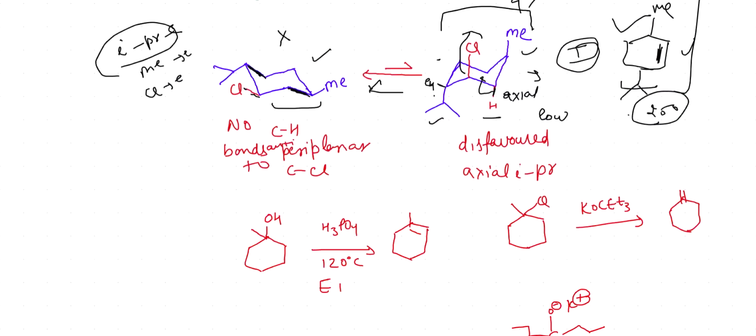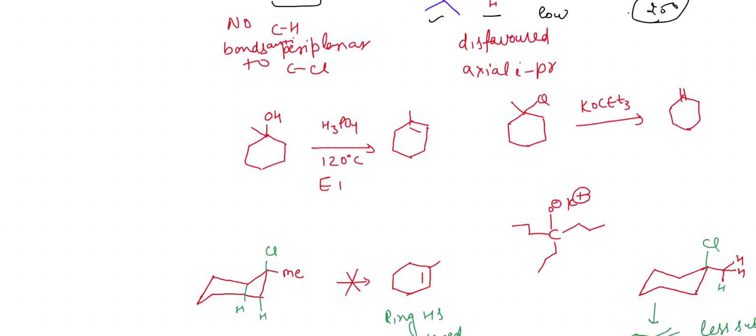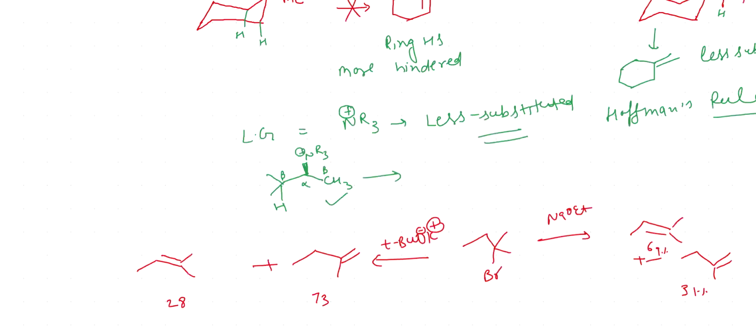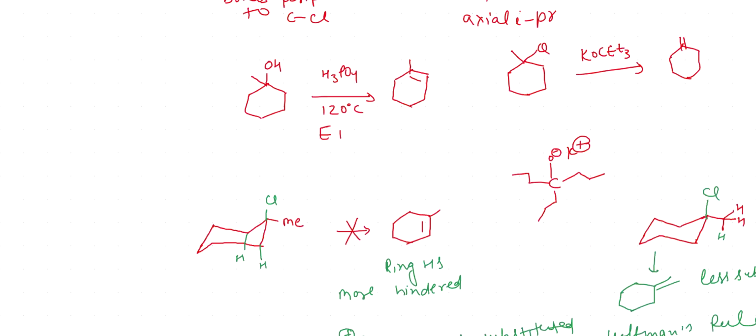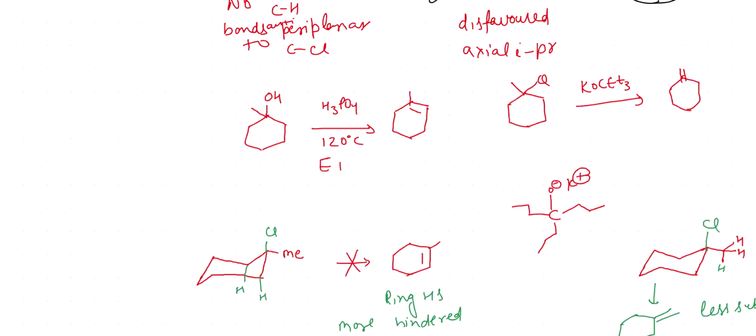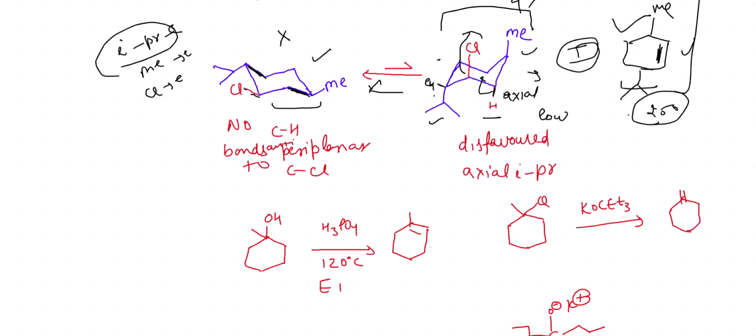Clear? Okay. So that was the case of cyclohexyl. We have also discussed saturated alkanes. So in summary, we can say E2 reaction can be stereoselective as well as stereospecific.